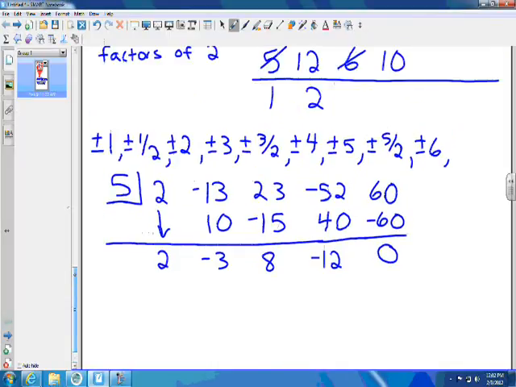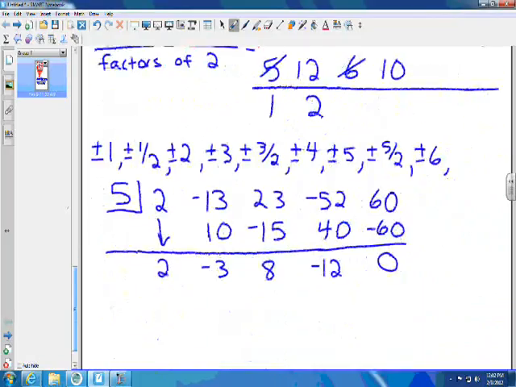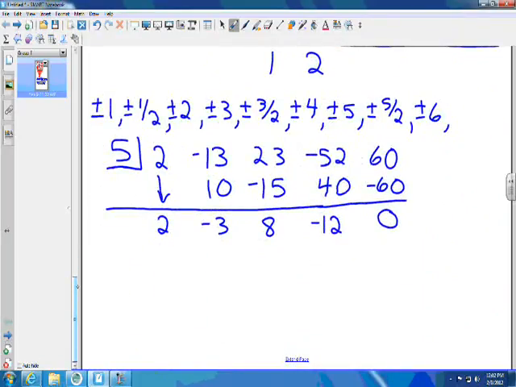Now, what happened with the 3 on the last problem? It was a double root, which means every time you get one to work, in this case the 5 worked, we must try it again to see if it is a double root or not. You have to. If you don't try it, and it is, then you go on through the list.